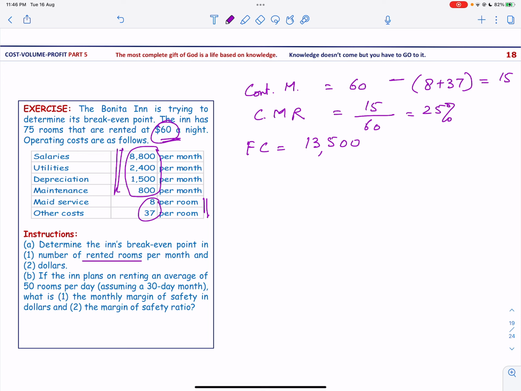So break even point in rooms, that is units, will be fixed cost 13,500 divided by the contribution margin, and the contribution margin is 15.